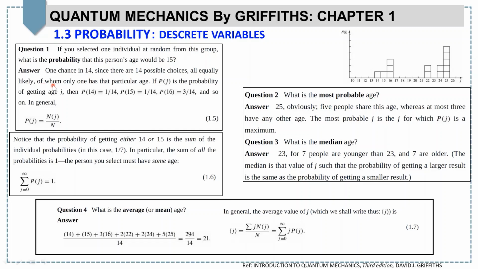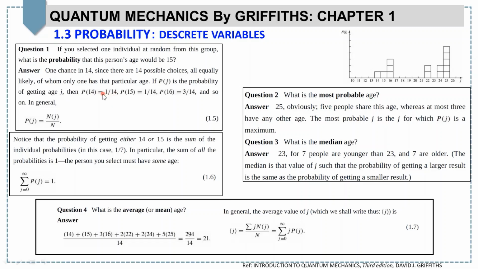Now, if we write P(j) as the probability of getting age j, then for age 14, that simply equals 1 over 14, because there is only one person having age 14, and there are overall 14 people in the room.